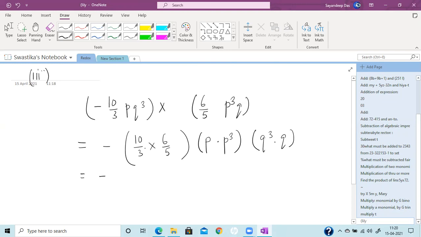Now reduce the term. 3 ones are 3, 3 twos are 6, 5 ones are 5, 5 twos are 10. So 2 into 2 is equal to 4, with the minus sign. You should be very careful and very alert when you are doing algebra. So the answer is minus 4p to the power 4 q to the power 4.